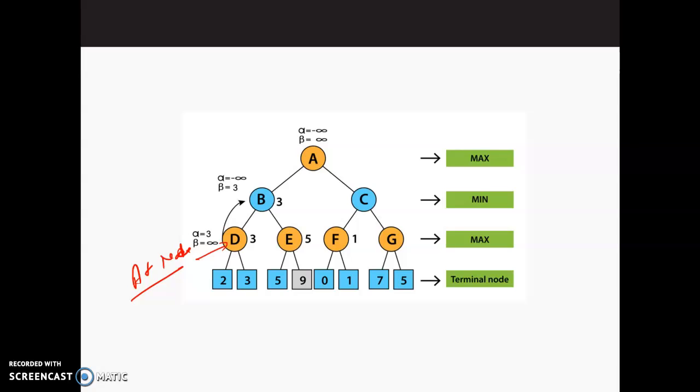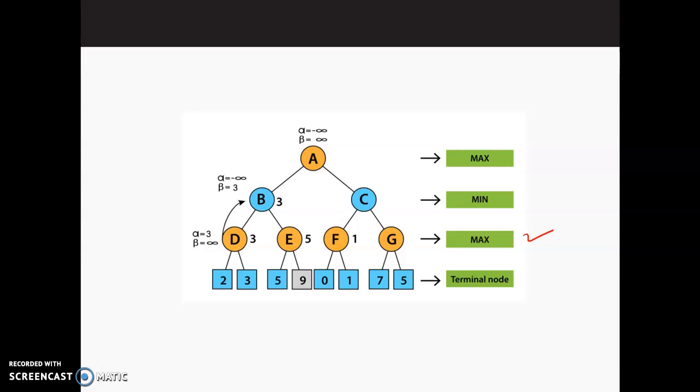Node D. So here you can see alpha is 3 and beta is infinite, but how did we get these two values? In order to determine the value of alpha and beta at node D, we can see here the max player is taking the move.